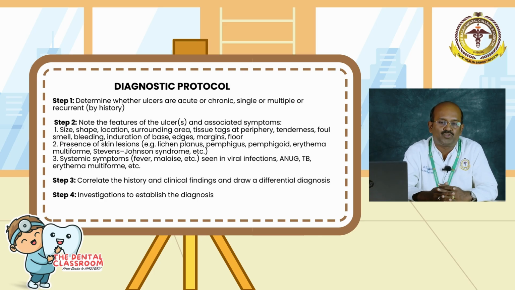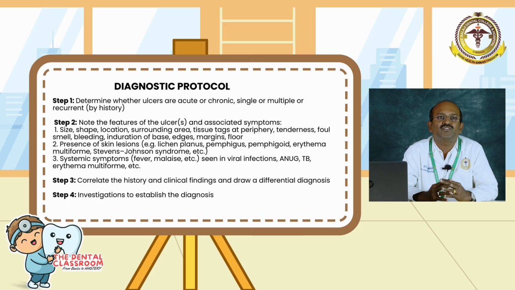The next is step 2. Note the features of the ulcer and associated symptoms. Whether any systemic symptoms are there, we have to think of any systemic diseases. Next, size, shape, location, tissue tags, tenderness, foul smell, bleeding, induration, margin, and floor. A proper inspection and examination of these points will give a valuable clue to the diagnosis.